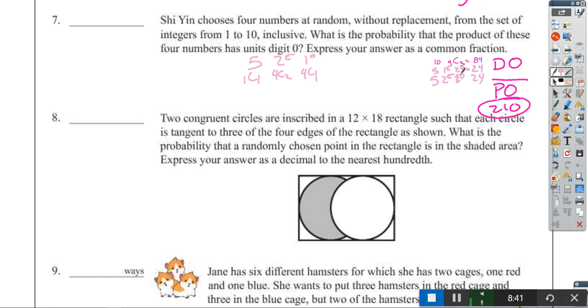My last situation is if I have a 5, 3 evens, and 0 odds. Well, this again is my 1, choose 1. I have 4, choose 3, because now I have 4 different evens and I'm choosing 3 of them.